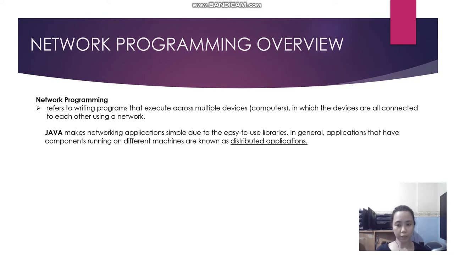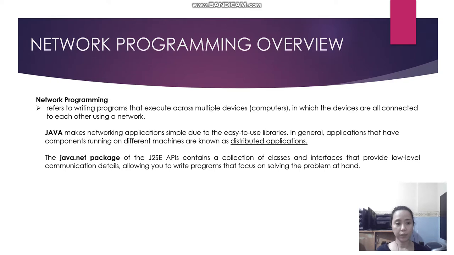In general, applications that have components running on different machines are known as distributed applications. The Java.net package of the J2SE APIs contains a collection of classes and interfaces that provide low-level communication details, allowing you to write programs that focus on solving the problem at hand.